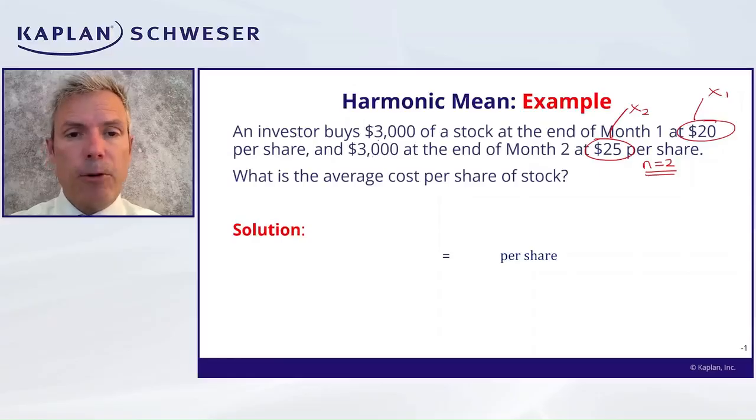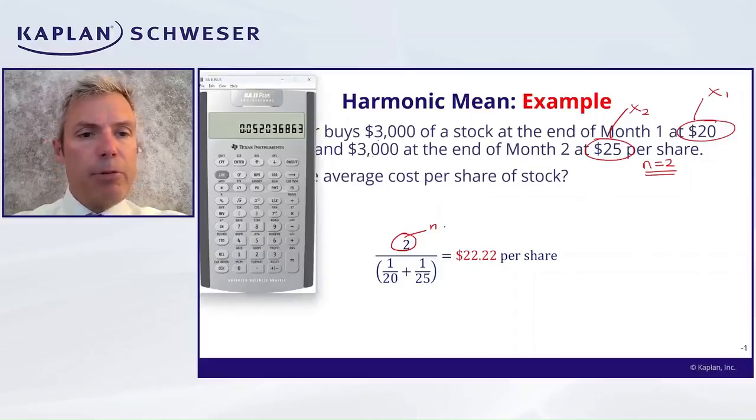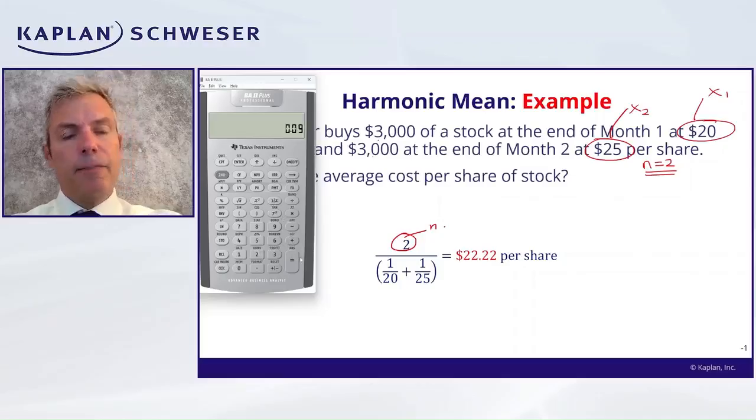All right, so we've got all the ingredients to get the harmonic mean out now. If you were to just use the formula for the harmonic mean, you'd say an N of 2 divided by the inverse of 20 plus the inverse of 25. Well, that's 22.22. Maybe not immediately trivial how you do that on the calculator. The way I'd approach it is I'd say, well, the inverse of 20 is 20, 1 over x. And then I'm going to add the inverse of 25, so 25, 1 over x.